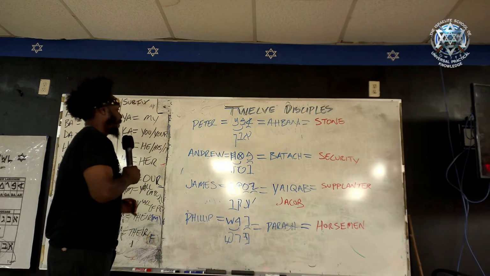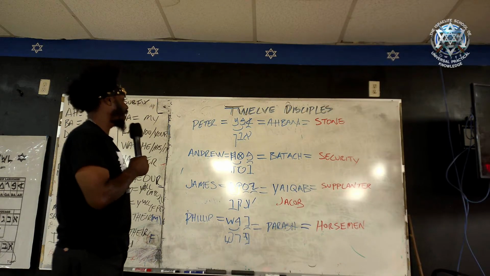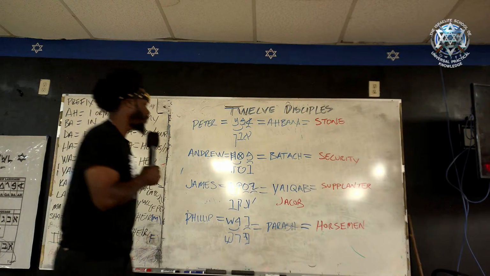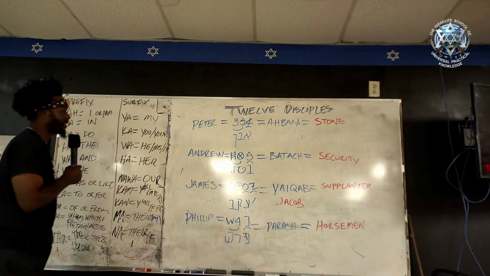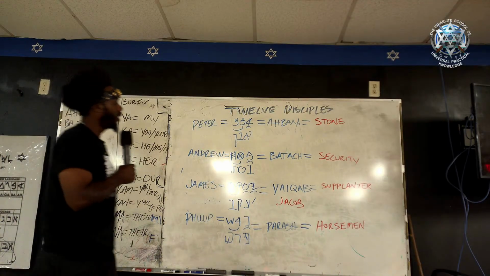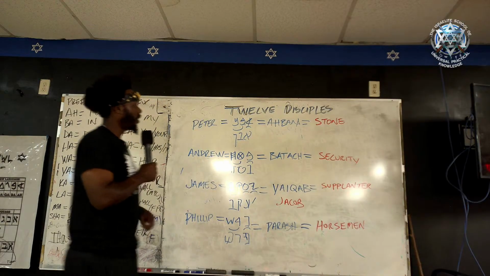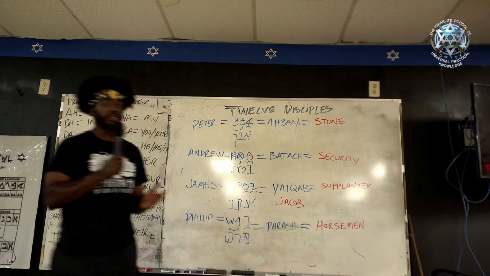Okay. Next, you have Andrew, right? Andrew's name in Hebrew is Tak, right? And remember, these connectors are here for a reason. A lot of people ask me questions about the connectors.